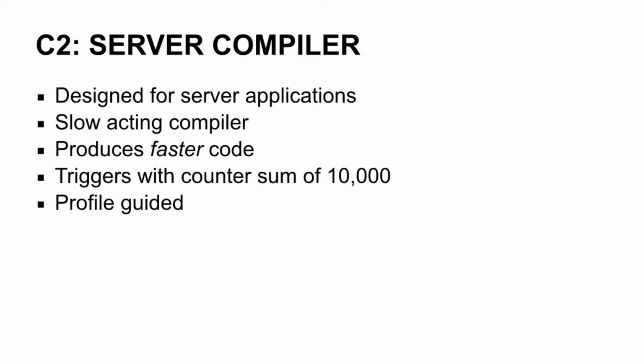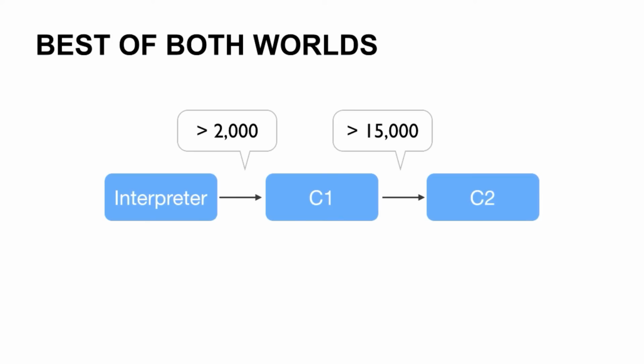So it actually needs the interpreter to provide it data on all sorts of things. Like, did that if always evaluate to true? Did it always evaluate to false? What type did we call at that call site? And all of that takes some time. So C2 triggers with a sum of 10,000. We need some time to actually gather data so that C2 will have a good profile to guide its speculative optimizations. Now today, we're all actually using C2.